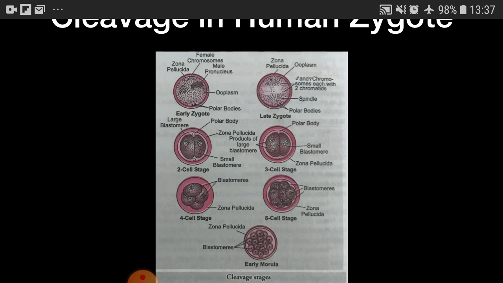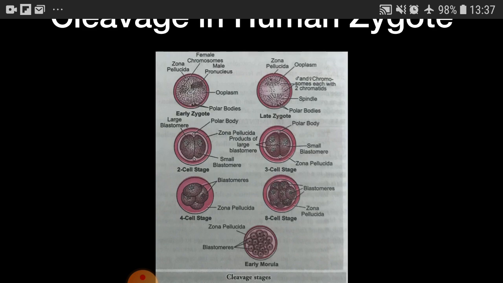It is at right angles to the plane of the first and divides each blastomere into two by forming a mitotic spindle in each. The larger blastomere divides a little sooner than the smaller one, so that there is an intermediate 3-celled stage before the 4-celled stage of the embryo.